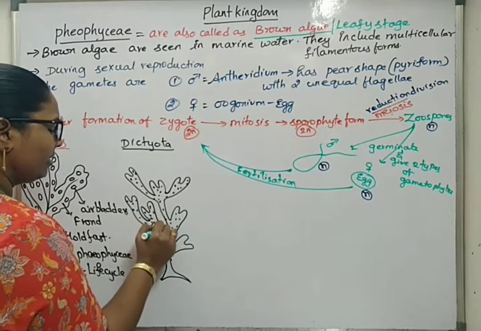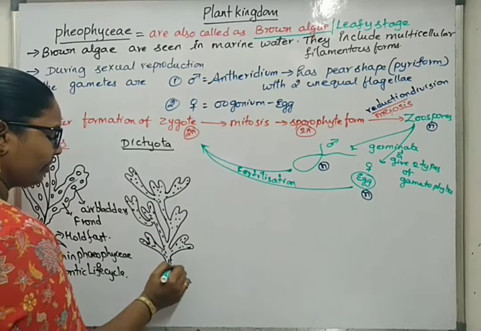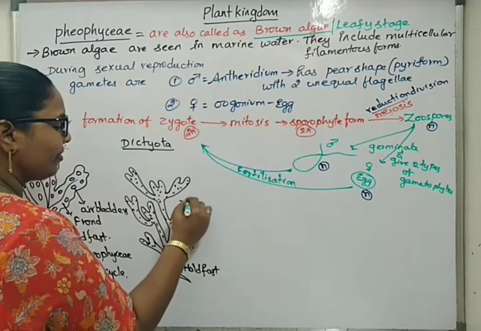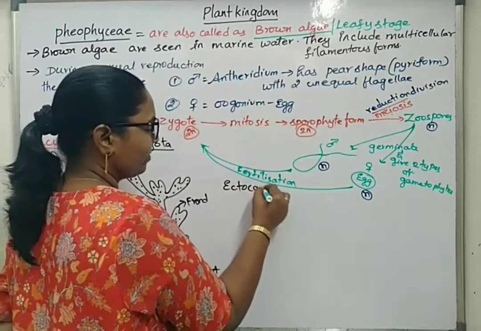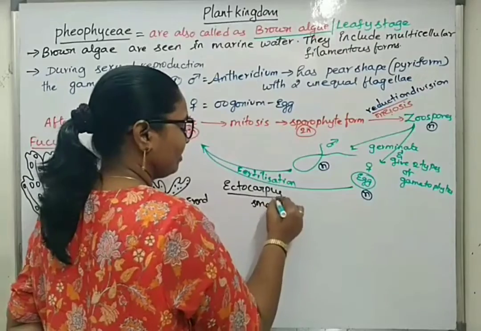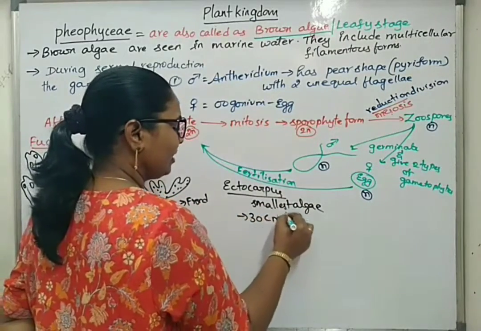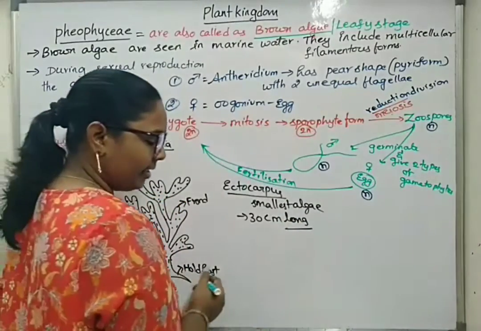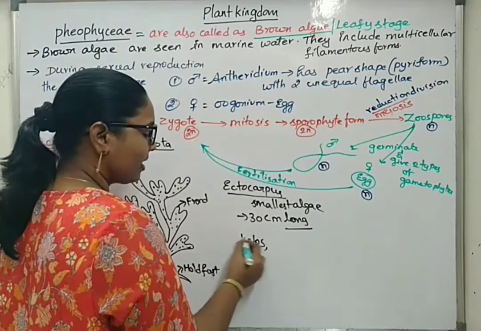So this is holdfast, and this will be frond. Other example, Ectocarpus, the smallest algae, means it is having 30 centimeters length. Other examples we can see here as kelps, the largest or the longest algae.